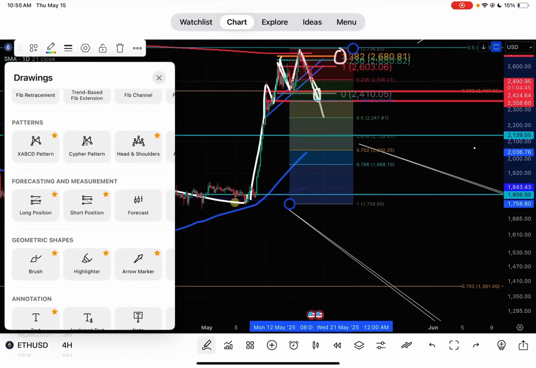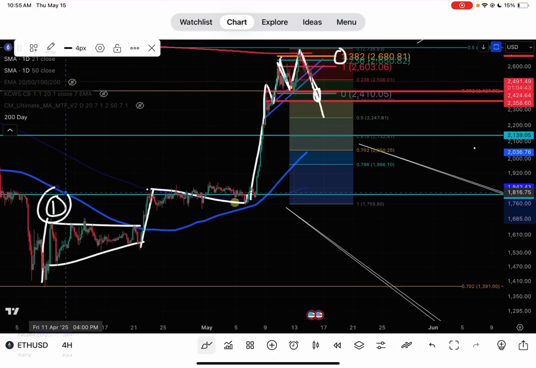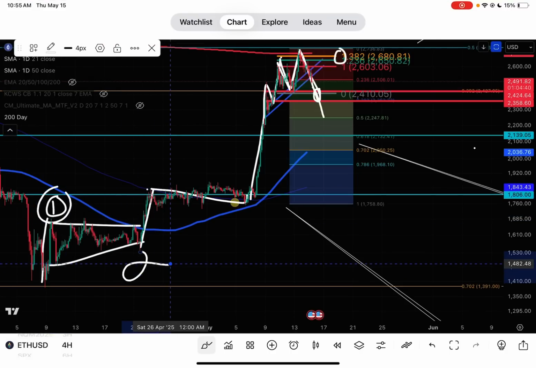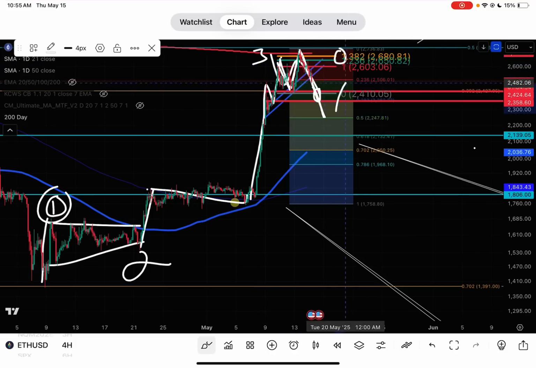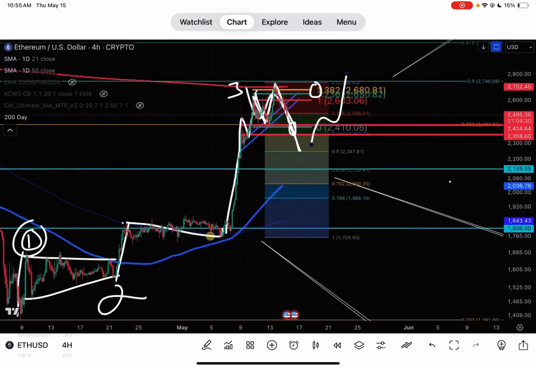Because don't forget, this is your wave 1, this is your wave 2, this is your third wave, or what we think is the top of our third wave. Then we're coming down for a wave 4 before we continue on with the trend for our wave 5. Now that wave 5 will likely be a subwave 5 of 1.